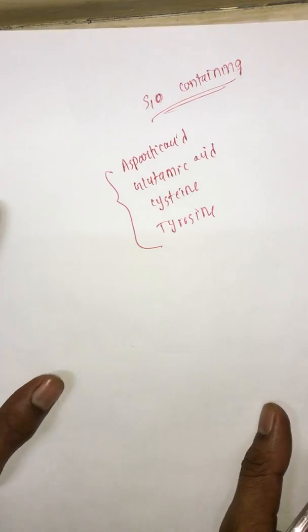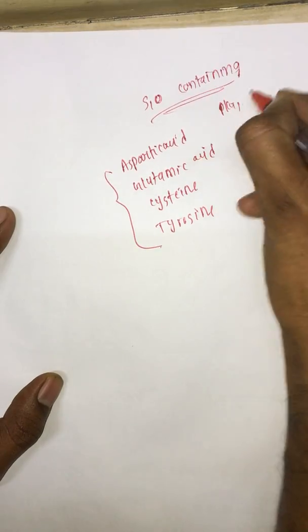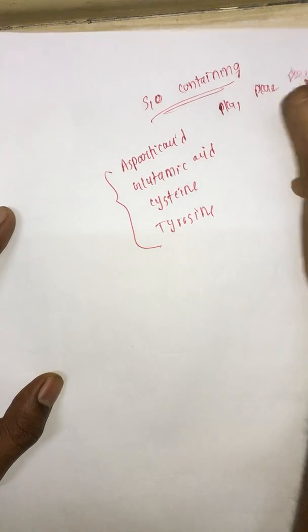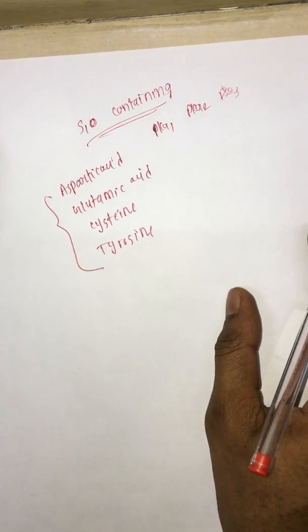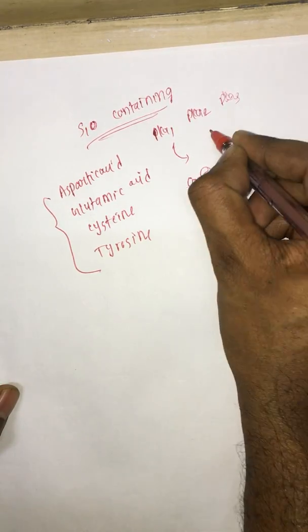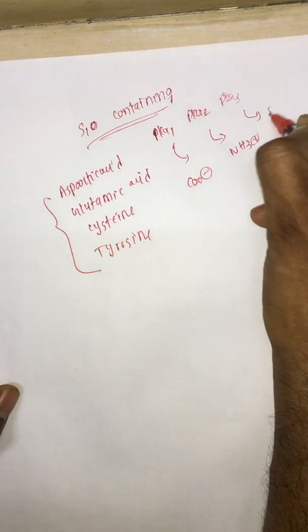These four amino acids have three pKa values: pKa1, pKa2, pKa3. Always remember, pKa1 is for the carboxylic acid, pKa2 for the NH3 plus, pKa3 for the side chain group.